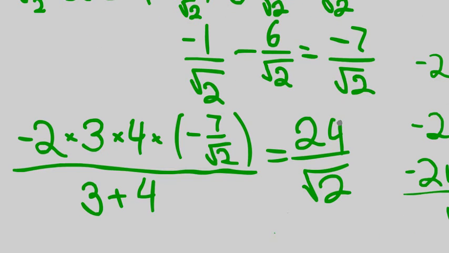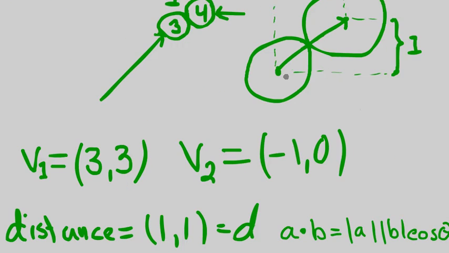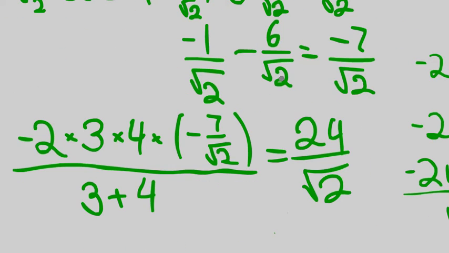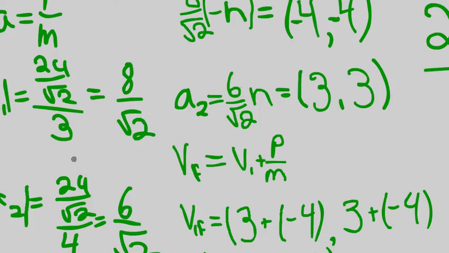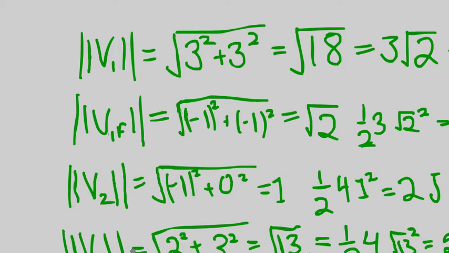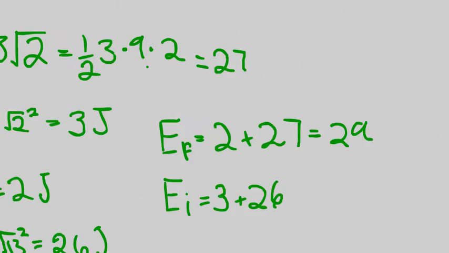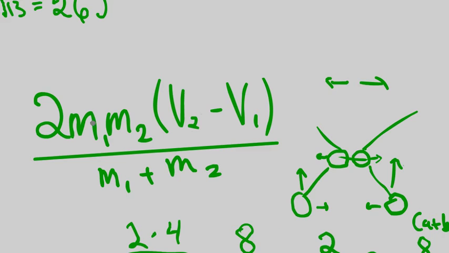Okay, so that's actually all you need to do. Once you've figured out negative 7 over the square root of 2, which is how much they're traveling into each other, you get to just plug that into the equation. You do negative 2, because that's what the equation says. We're going to use this equation here, 2 m1 m2 over the total mass.